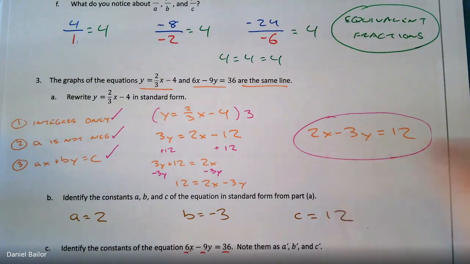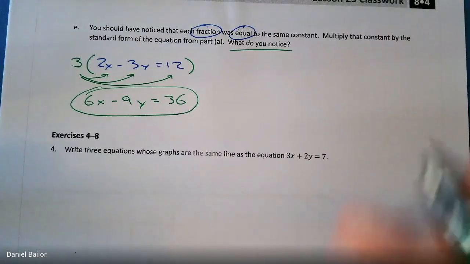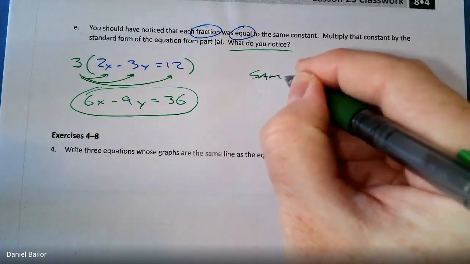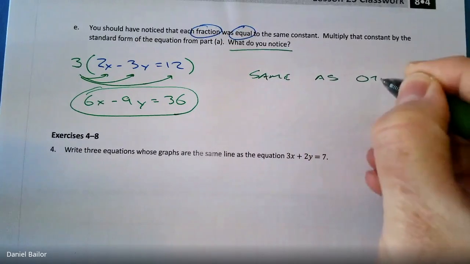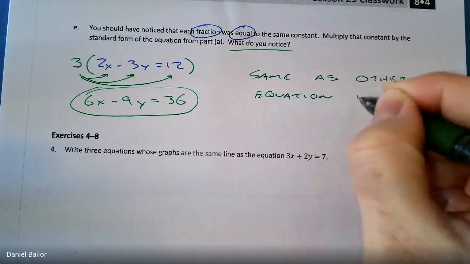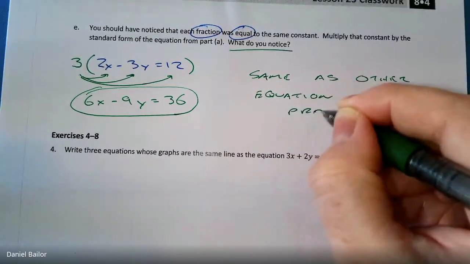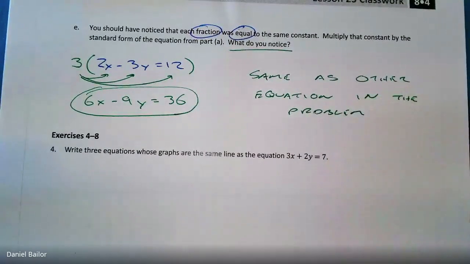And then we multiplied by the 3 in part D and we got the other equation. So we notice it's the same as the other equation in the problem.